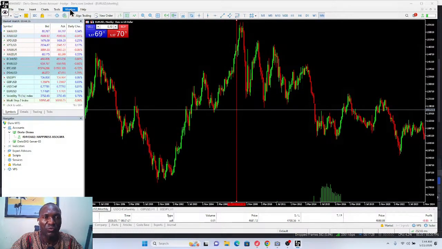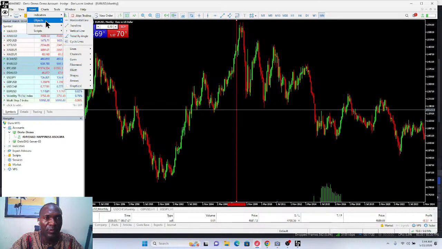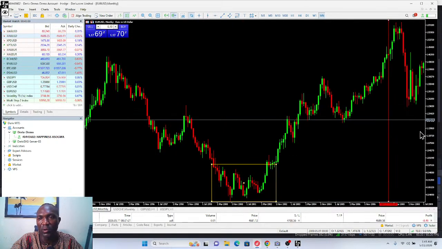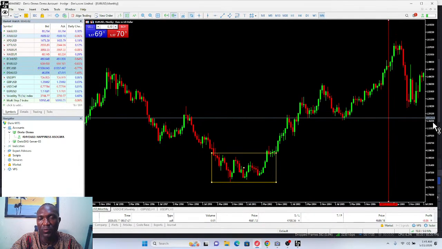So let me just use the shape object. Okay, I'll be able to expand it. Okay, and this is a range. Why is it a range? I want to explain. Let me just expand it a little bit. Okay, good. Now this is a range.